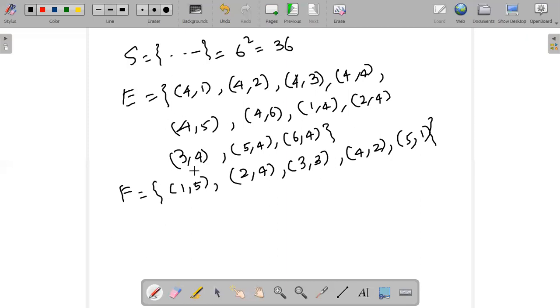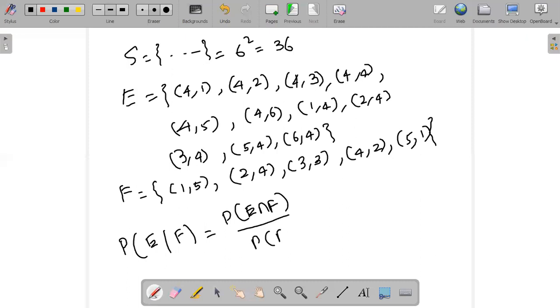Now let us find how many. The event that is E given F is P of E intersection F divided by P of F. E intersection F will be 2.